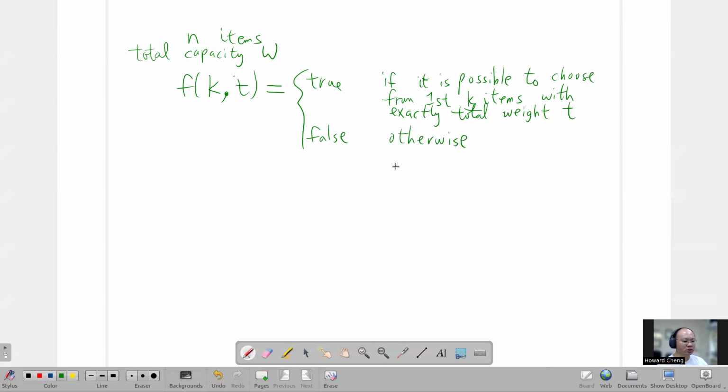Okay, so we're not just doing true or false for now. We're not even maximizing or minimizing the values taken. We just want to know, can we even form the sum?